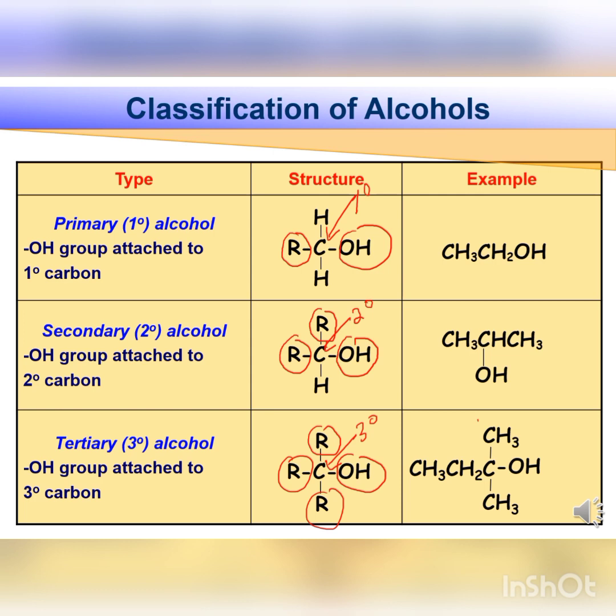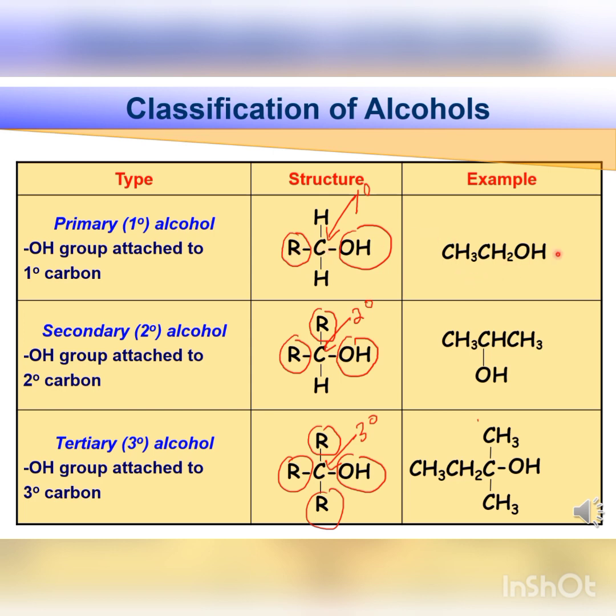Classifications of alcohol. There are 3 different classes of alcohol. Primary alcohol is when the hydroxyl group is attached to the primary carbon. As we can see here, this hydroxyl group is attached to this carbon. This carbon is primary because it has one alkyl group attached to it.